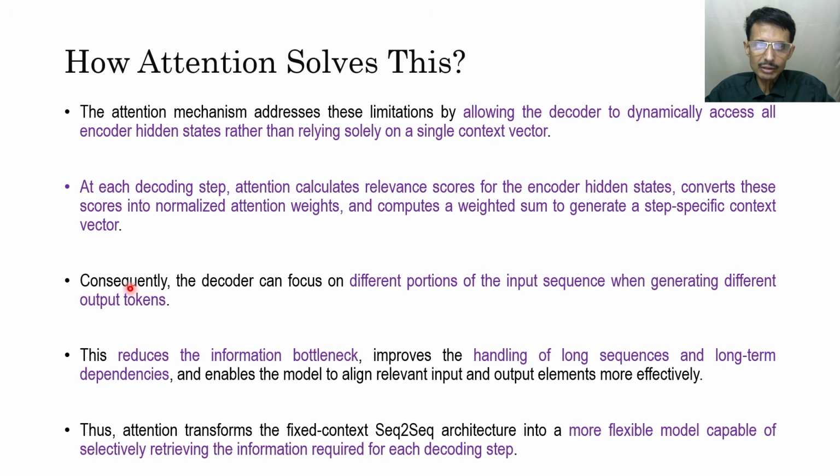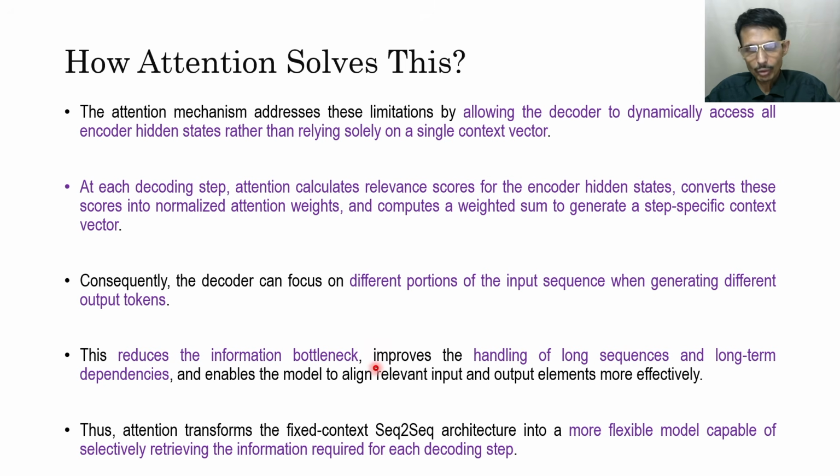So what is the consequence? Consequently, the decoder can focus on different portions of the input sequence when generating different output tokens. That is very important. When you are generating the output, a particular word is very important. When generating the next token, another word is important. That can be done by attention.